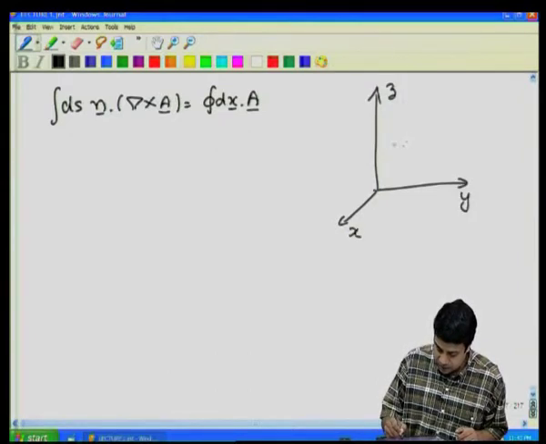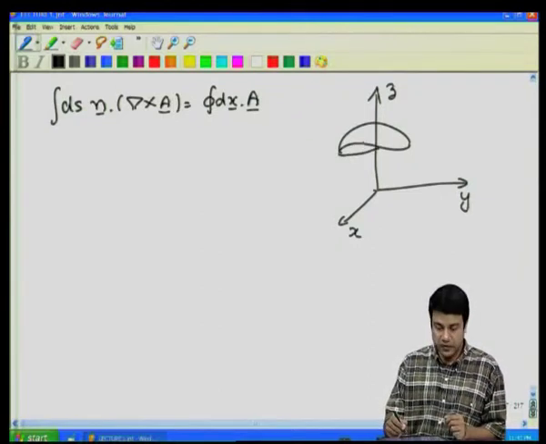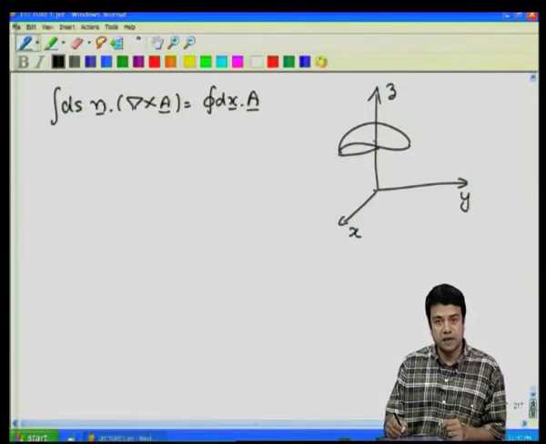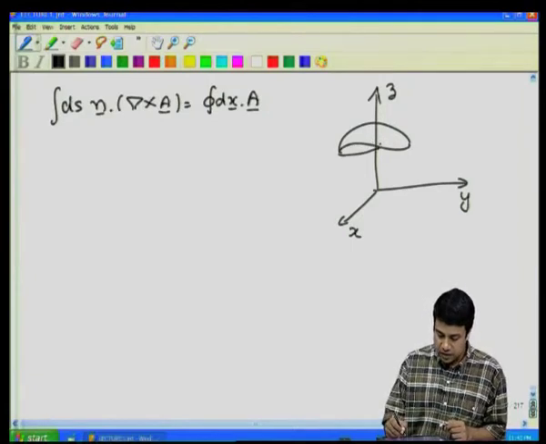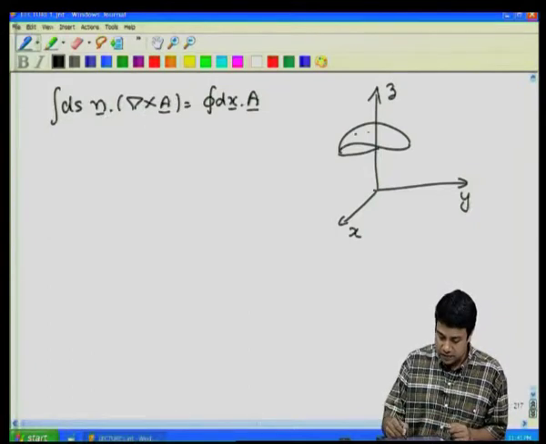I have some surface with some bounding contour on it, and the vector A is defined everywhere on this surface.